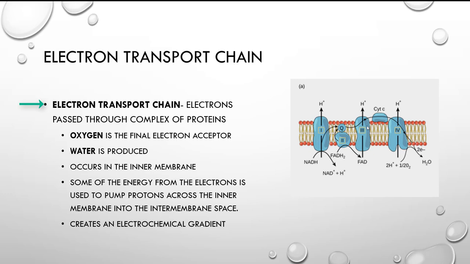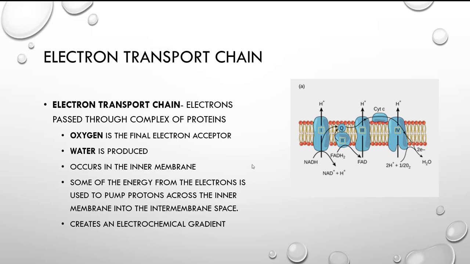And as they're passing through, you can see that the NADH will be oxidized to NAD+, and then that just gets recycled back out where it can accept more electrons. And FADH2 will get oxidized to FAD, where it can then go back to the citric acid cycle and accept more electrons and get reused.